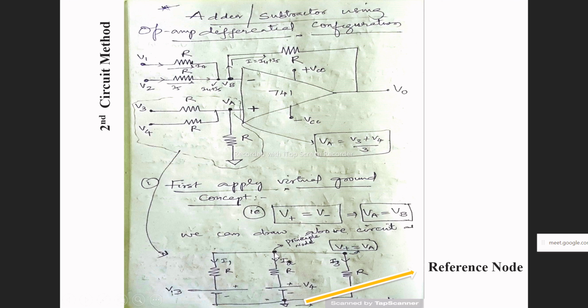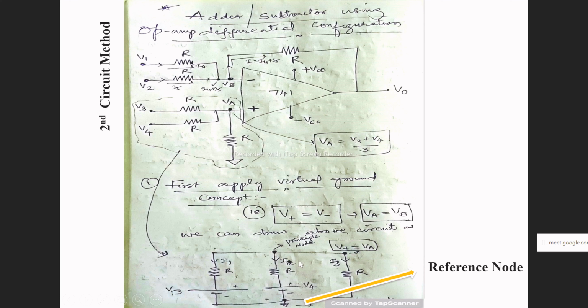The algebraic sum of all the currents at any node is equal to 0. So I1 plus I2 plus I3 equal to 0. I am assuming that the current at this node is equal to 0.